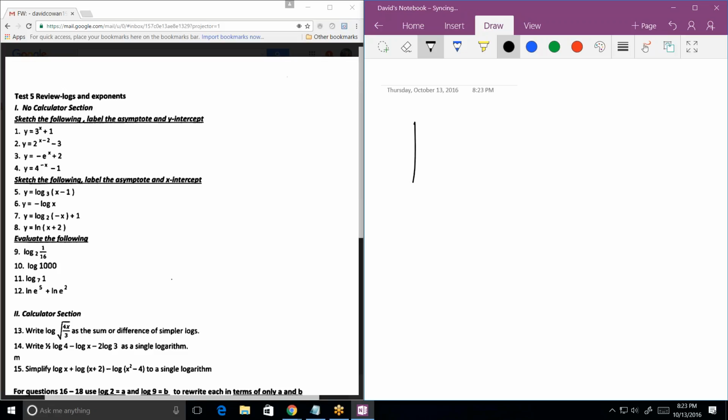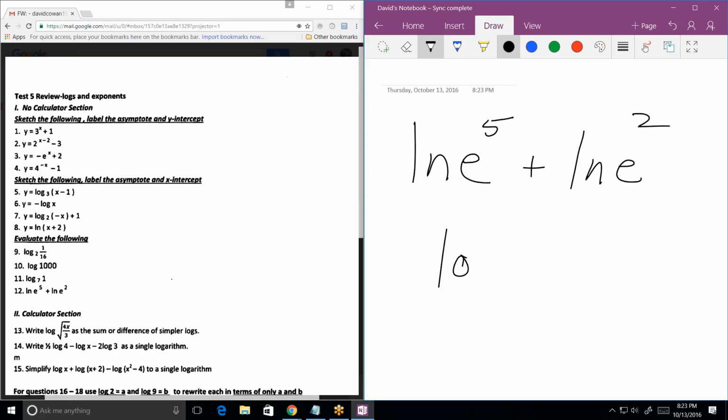Okay, let's look at 12. That looks kind of interesting. Natural log of e to the 5? No, it's got to be a 5. What's natural log of e equal to? Here, let's figure it out.